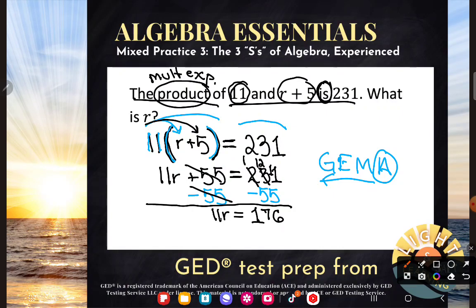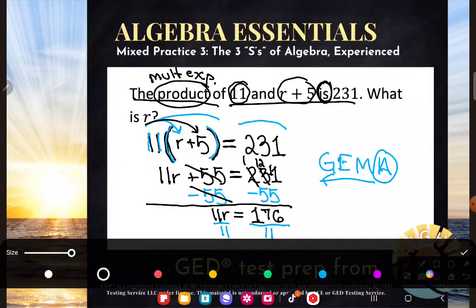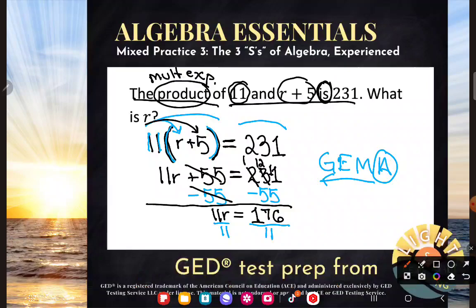Now, r is still not alone. I need to get rid of this 11, so I will do the opposite of what it is currently doing. It is currently multiplying. I will divide to get rid of it. And of course, I can be a spoiled brat doing whatever the heck I want, as long as I keep the left and the right hand sides equivalent. So multiplying by 11 and dividing by 11 are opposites.